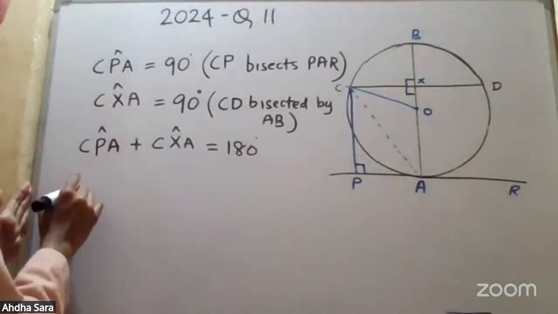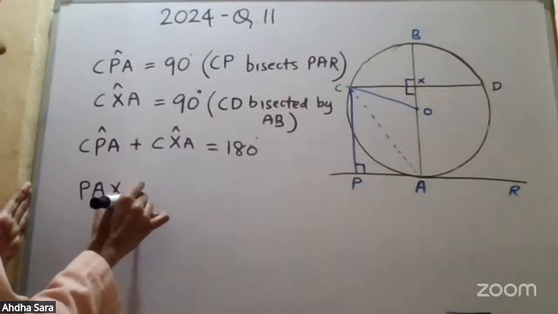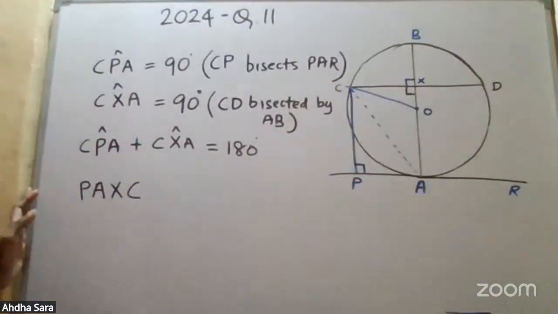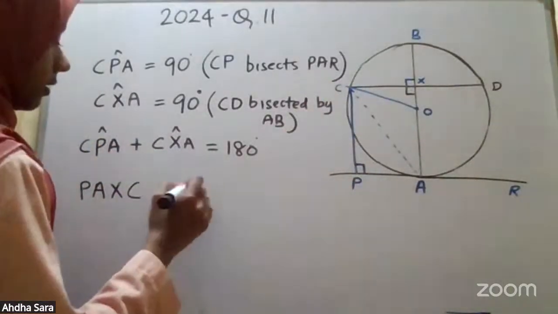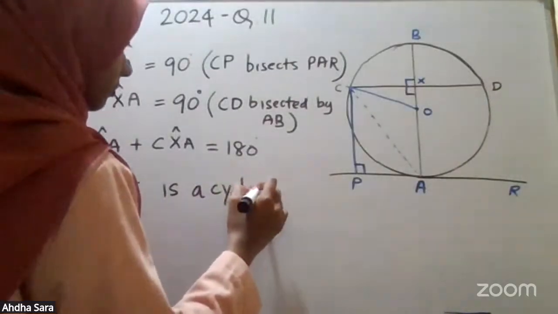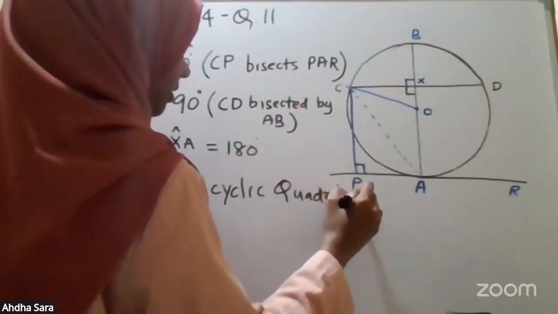So the quadrilateral PAXC is a cyclic quadrilateral.